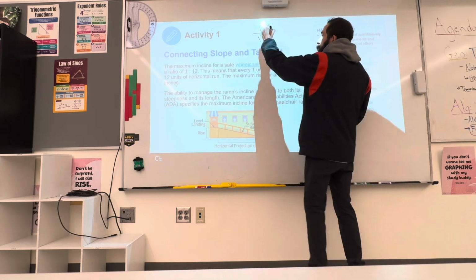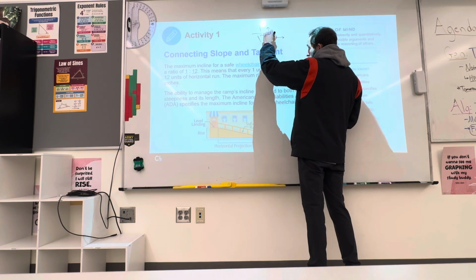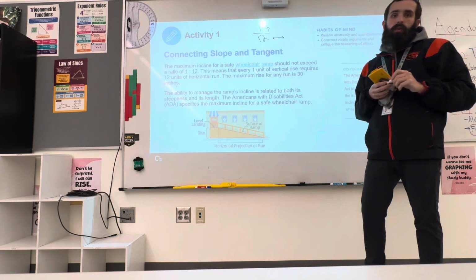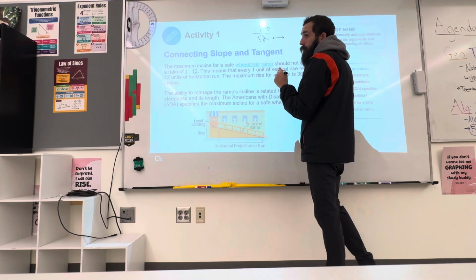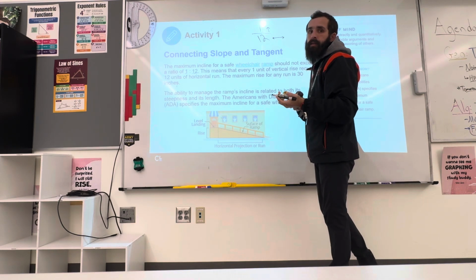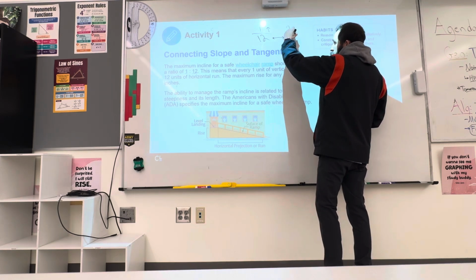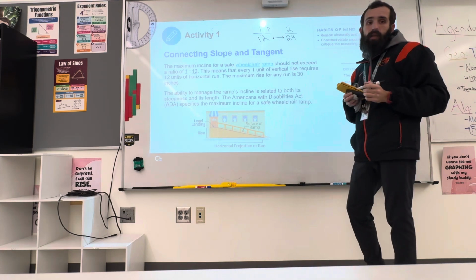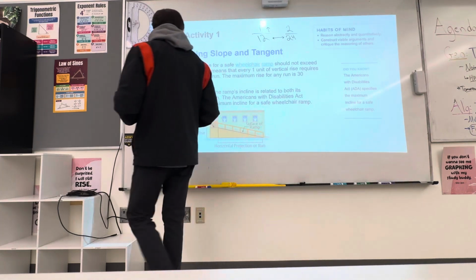For every 1 foot it goes up, it must extend left or right by 12 feet. So what would you need as the left and right length for a 2-foot rise? Yeah, if it's a 2-foot rise, it's going to be twice as much of a run. It'll be a run of 24, okay? That's the general gist of this ratio.